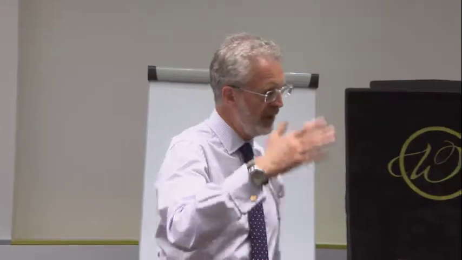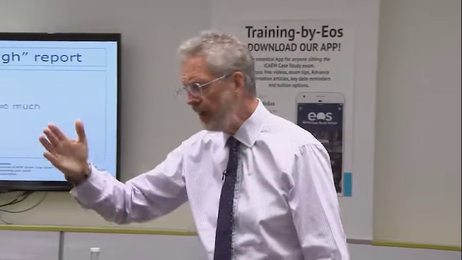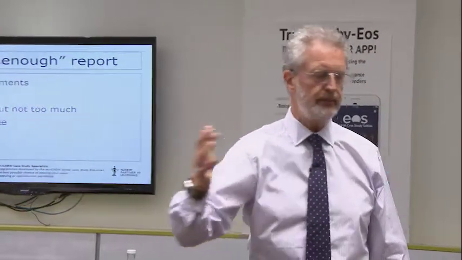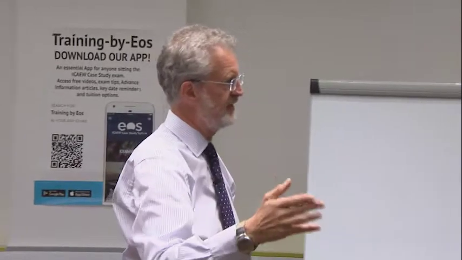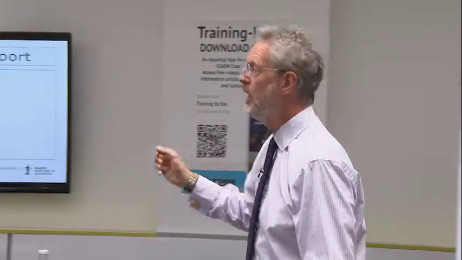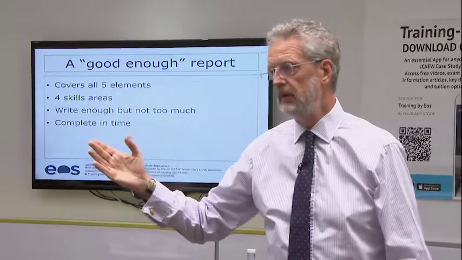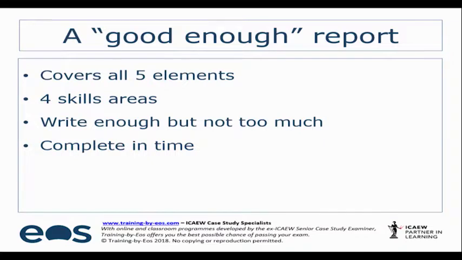And when we go on to the Exam Technique Masterclass and further on into the program, we'll look at which are the easier ways of demonstrating applying judgment. So you just get on the score sheet. You need to write enough to cover all of the above, but not too much in any particular area so that you run out of time.